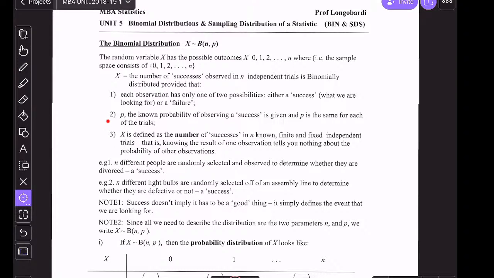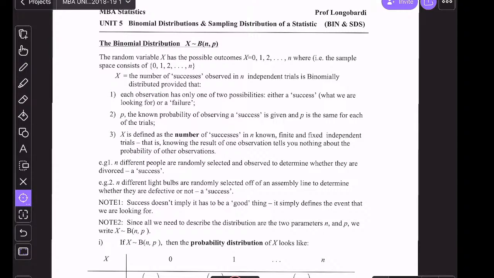You know the chance of a success each time you look, and each time you look, the probability P does not change. Okay? The fact is that the number of times you look is fixed. It's known as well. So these are, it seems very straightforward, but there's some details here that are helpful in understanding the binomial distribution.